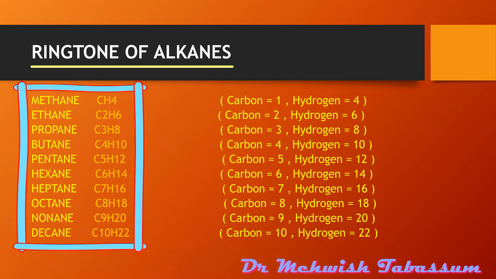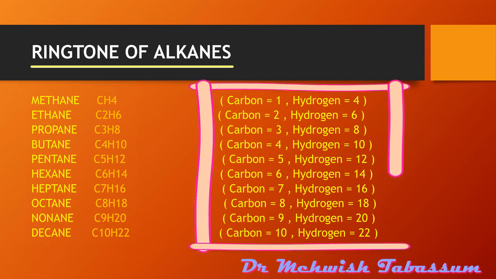Methane, ethane, propane, butane, pentane, hexane, heptane, octane, nonane, and decane. Methane has 1 carbon, ethane has 2, and propane has 3. Butane has 4, and pentane has 5.